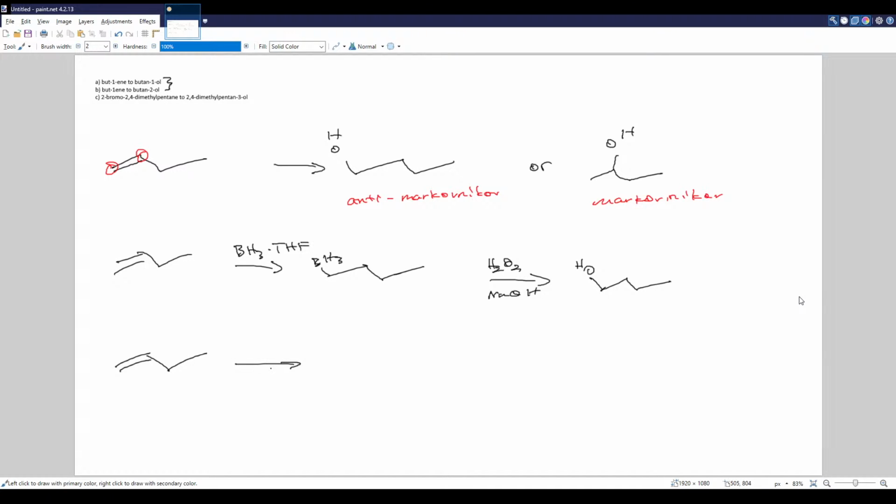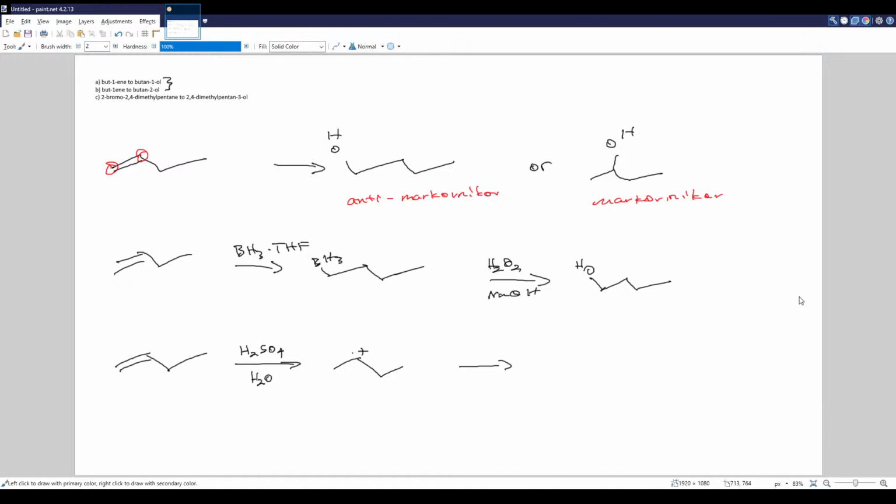We can either do it with acid catalyzed hydration, but if we do that, will there be any hydride shifts? I don't think there will be. So we can do it like this, H2SO4 with water. Acid catalyzed hydration. That's gonna give us a carbocation like this.